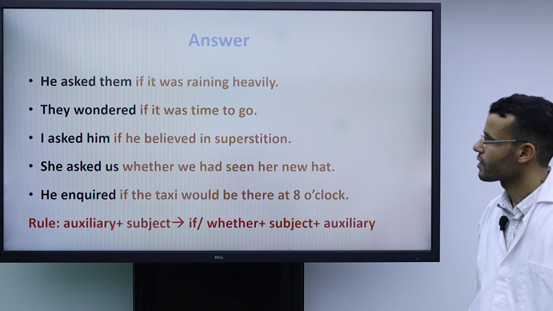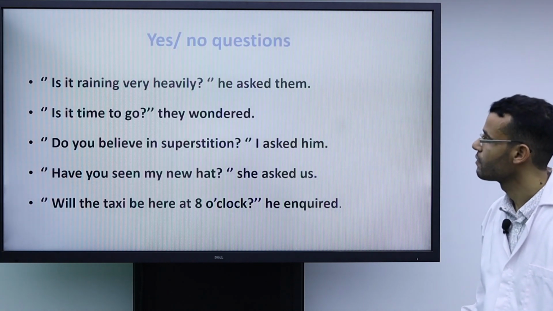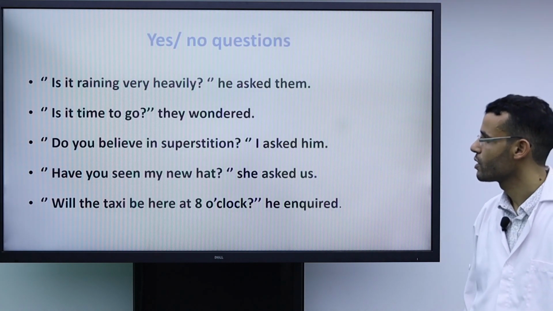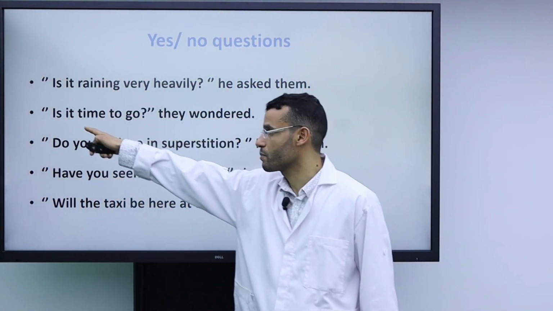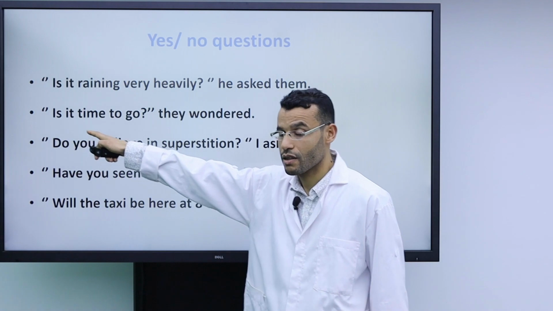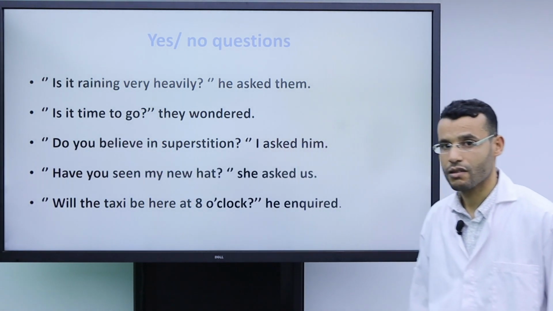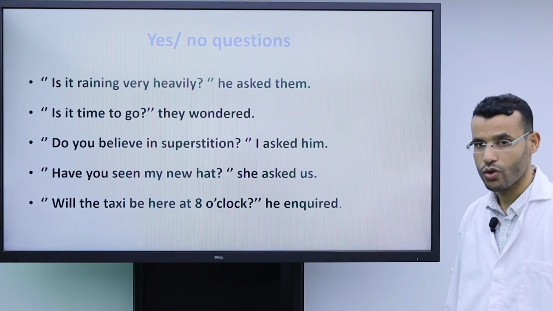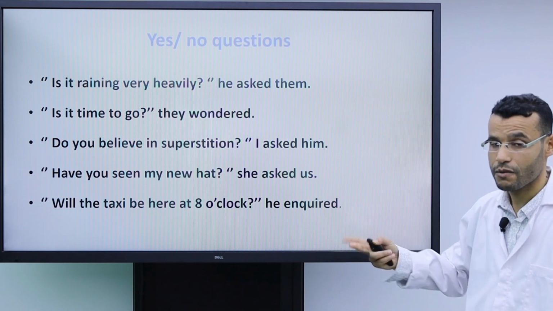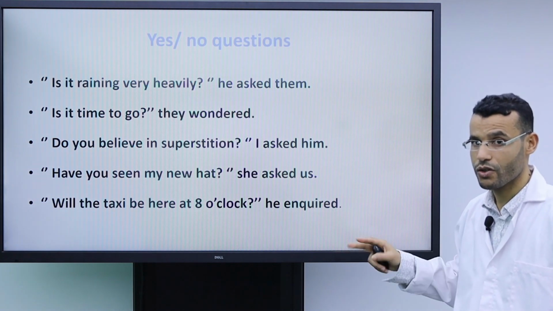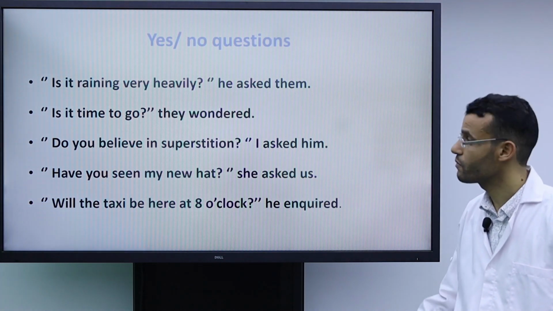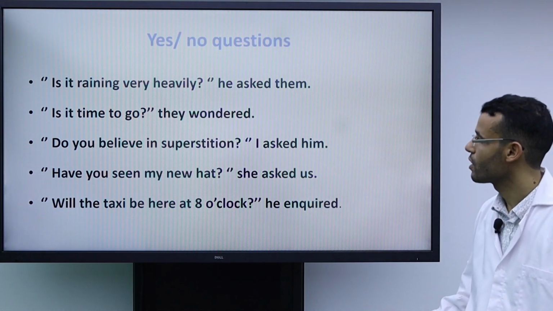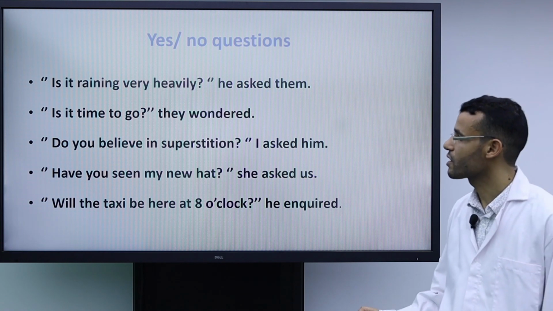So, the second sentence, "Is it time to go?" They wondered. Here, the verb is in the past, so it should be changed in the past. Is it? It should be was. But there is an inversion of the auxiliary and the subject. So they wondered if it was time to go.